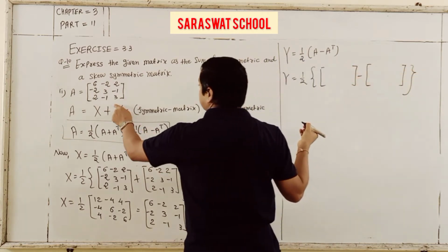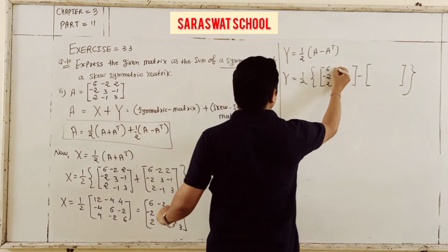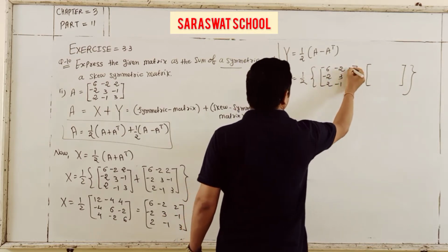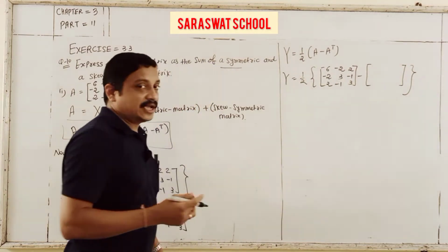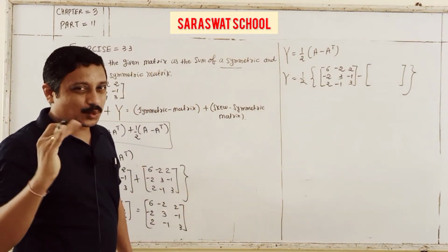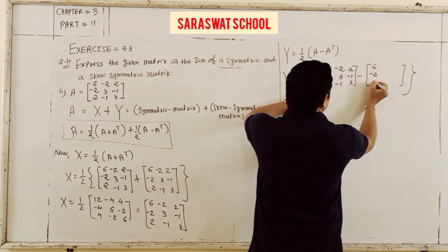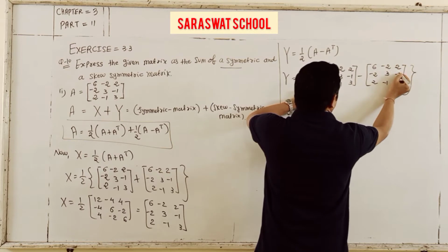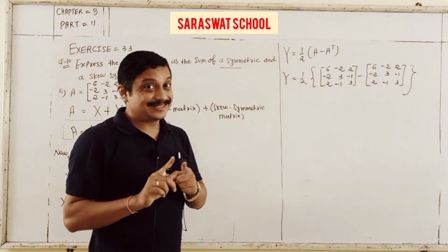A is 6, minus 2, 2, minus 2, 3, minus 1, and 2, minus 1, 3, and you just write down row to column elements in the transpose way, 6, minus 2, 2, minus 2, 3, minus 1, and 2, minus 1, 3, and both are subtracted.